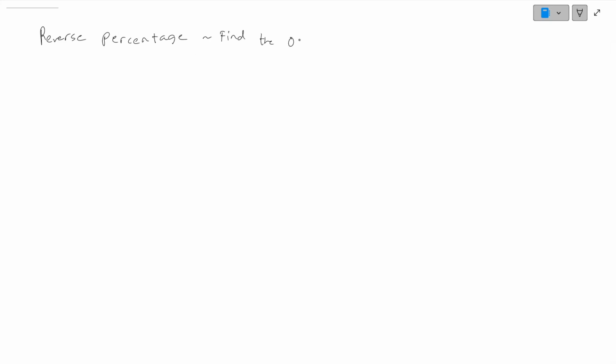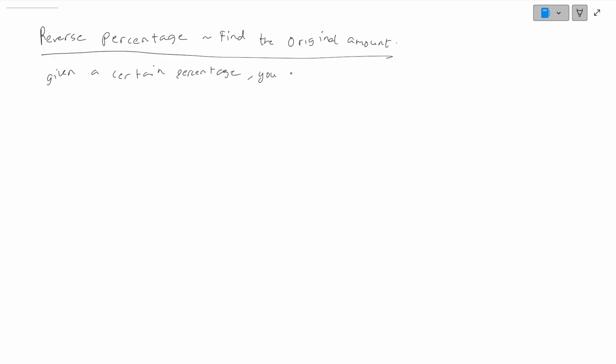Finally, the hardest problem type when it comes to percentages, the reverse percentage, meaning you have to find the original. For this, you are given a certain percentage, and from that percentage, you have to find the 100%.